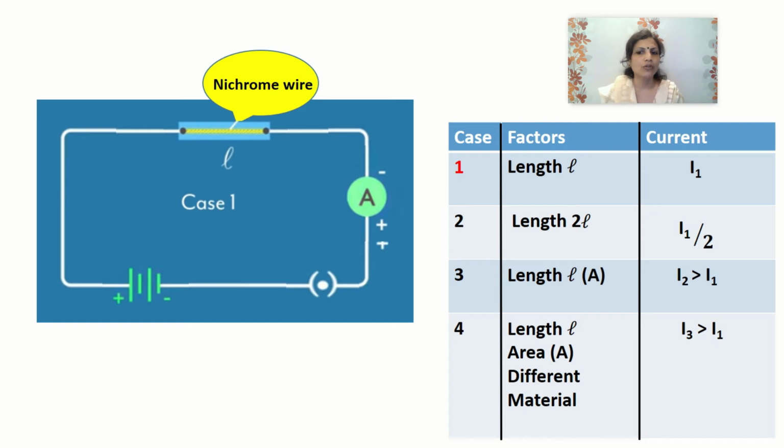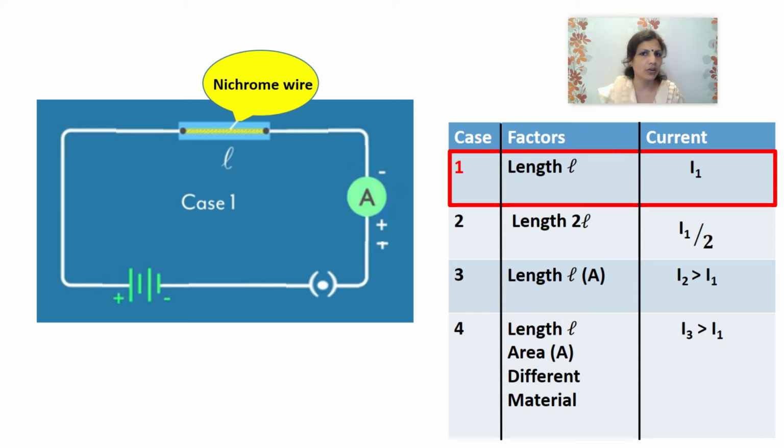What you have to observe is the reading of the current in the ammeter, which you will denote by I1. So we have taken a piece of nichrome wire of length L, and the current flowing through the circuit is shown as I1.